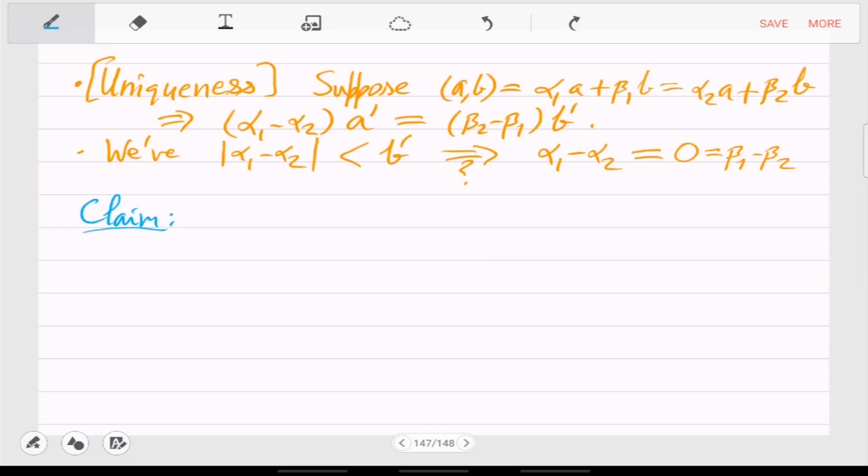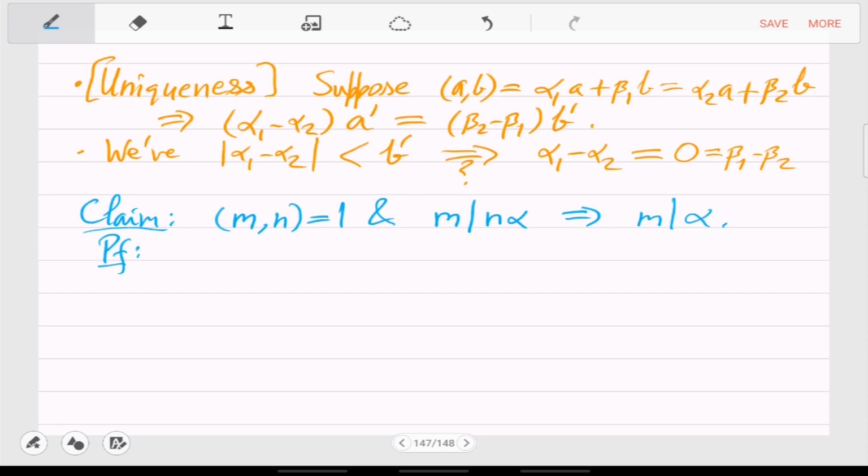So M, N are co-prime, and M divides N times alpha. Then it means that M divides alpha. Okay, this is what I want to show.